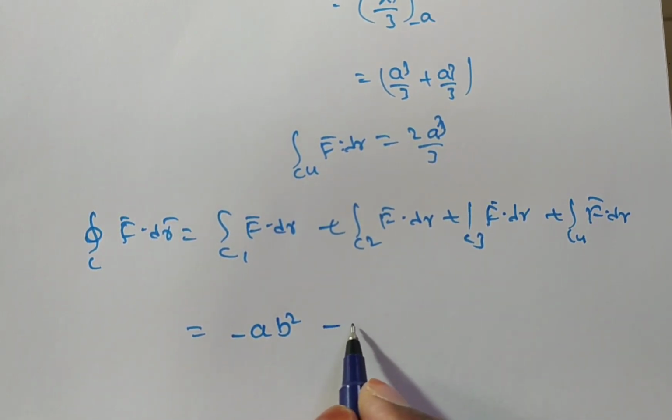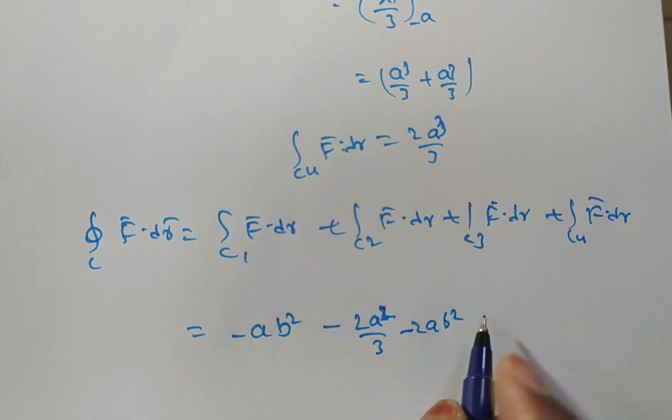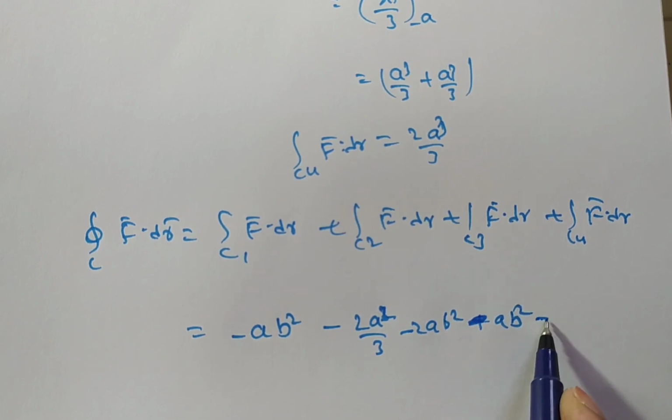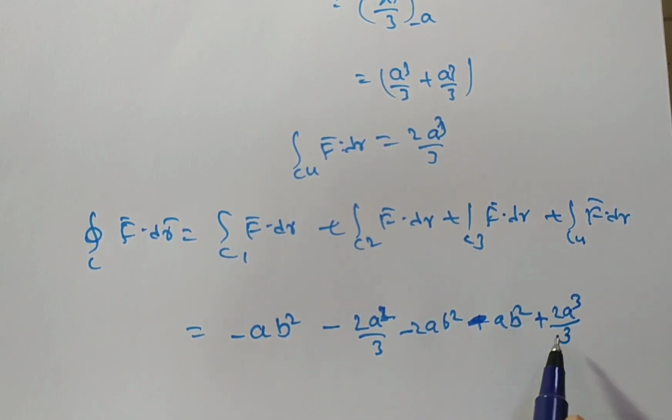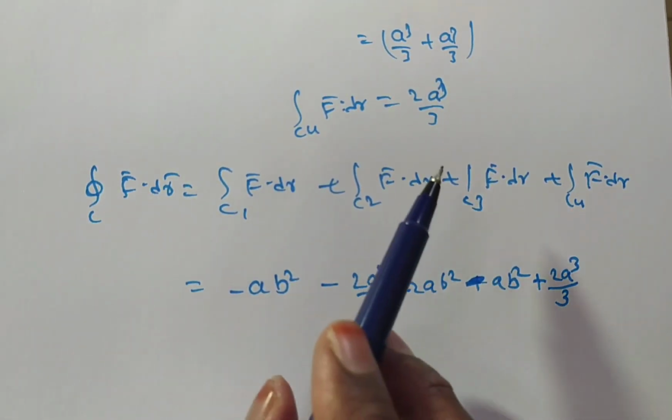Next, along C2, minus 2a cube by 3 minus 2ab square. Next, along C3 we have minus ab square. Next, along C4 you have plus 2a cube by 3.